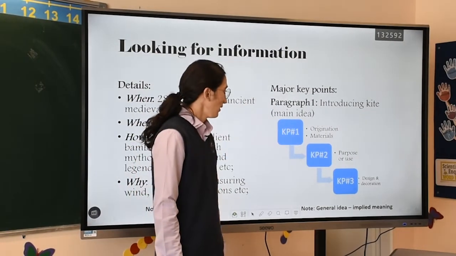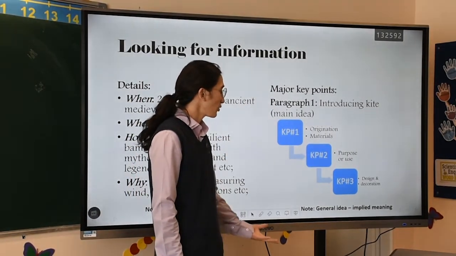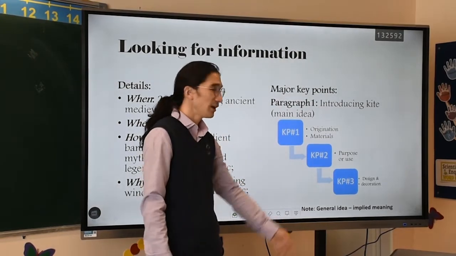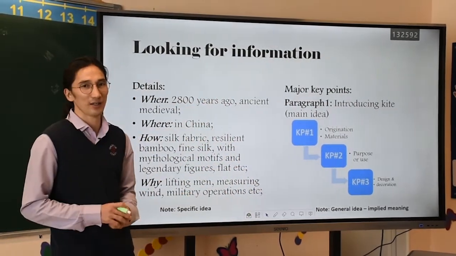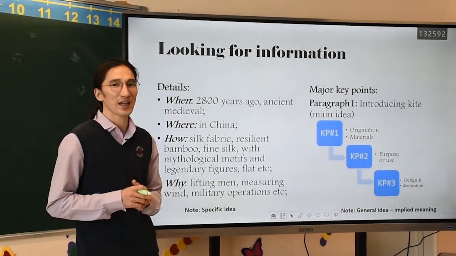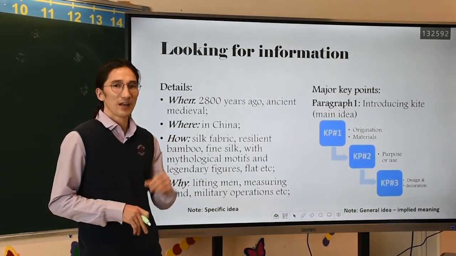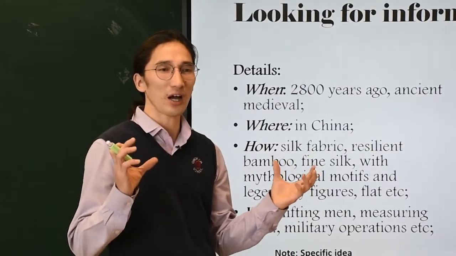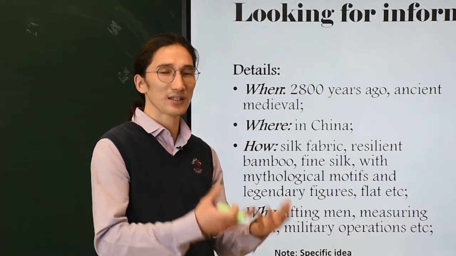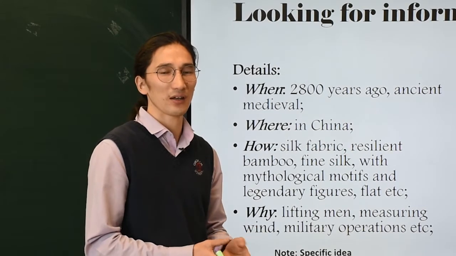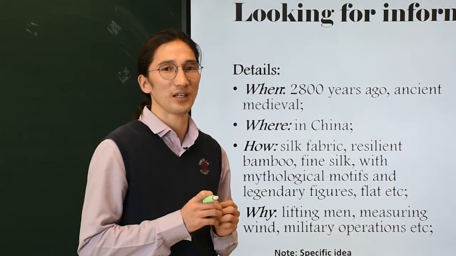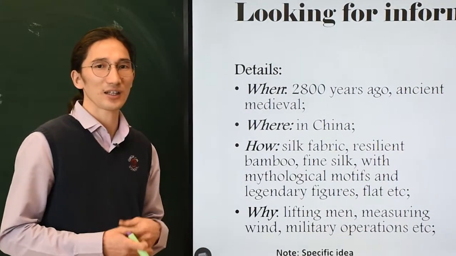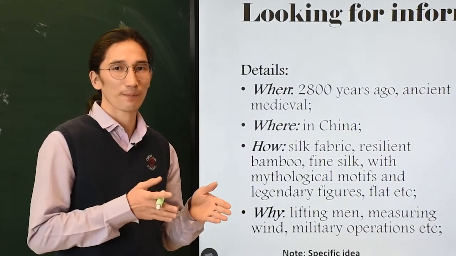And the main idea is mostly the general, bigger picture of the text, or it can be an implied meaning. Why I'm saying this is because sometimes small chunks of information come together and express the hidden meaning or the main idea. So sometimes it's not expressed literally.